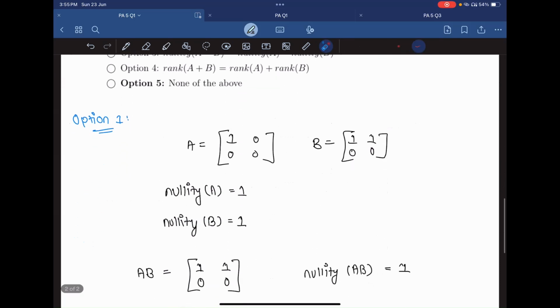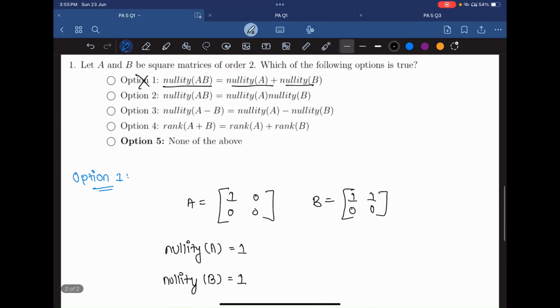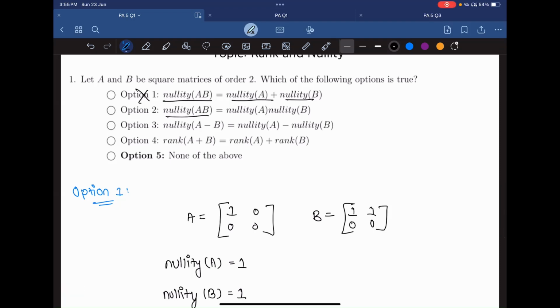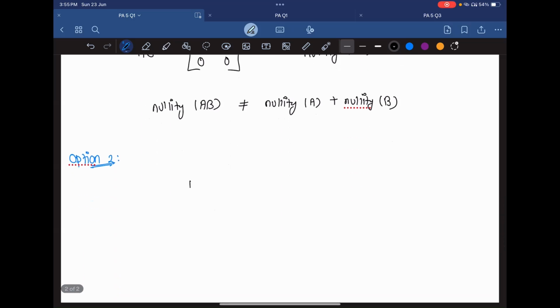Now let's look at option 2, that nullity of AB is equal to nullity of A times nullity of B. So let's take A matrix to be this matrix and B to be this matrix.